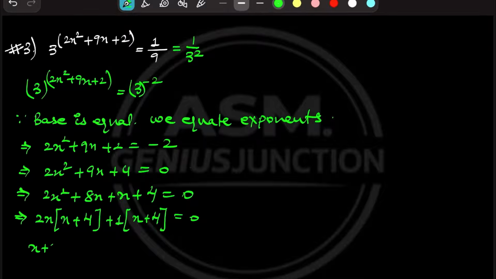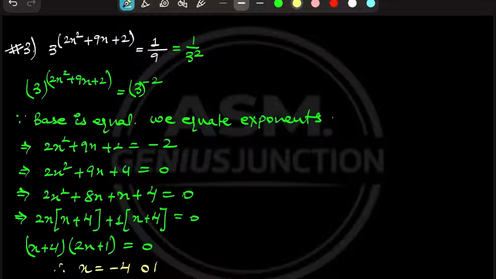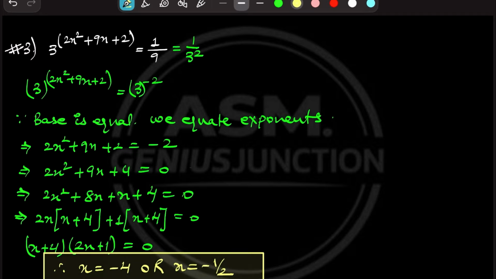Now x plus 4 is common and 2x plus 1 is the second factor. Therefore, final answer for the given question is going to be x equals minus 4 or x is equal to minus 1 over 2. This is going to be the final solution for the given question. Please pause the video and note down the solution.